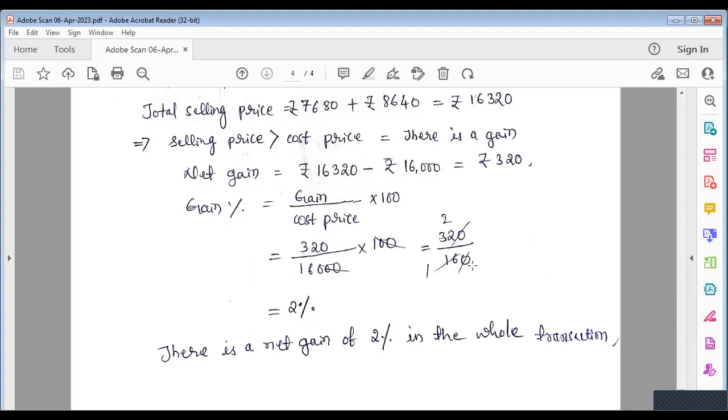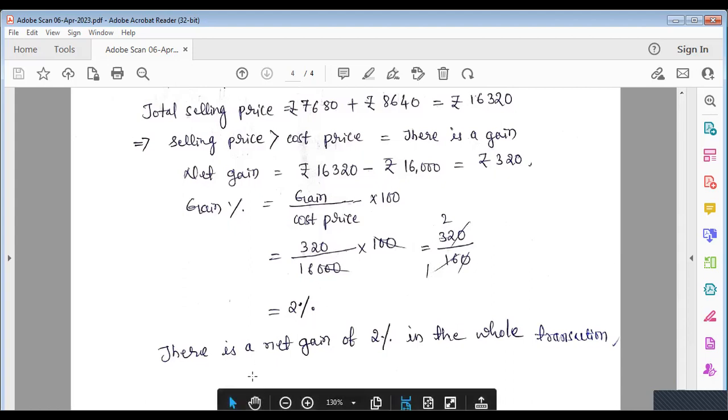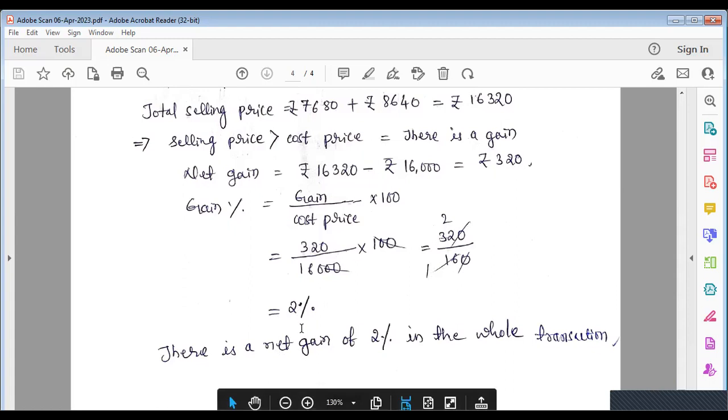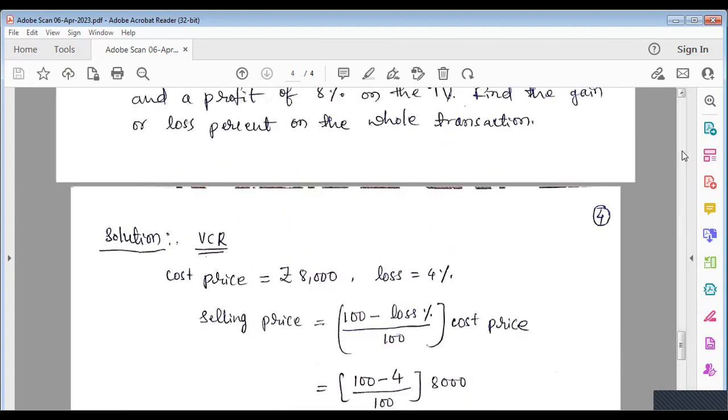So 16 twos are 32, so you are left with the 2. So this is 2%. So there is a net gain of rupees 320, or there is a net gain of 2% in this whole transaction. So in this way, you can solve the problems very easily.